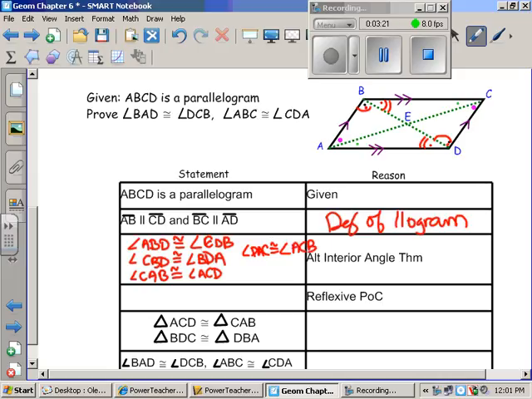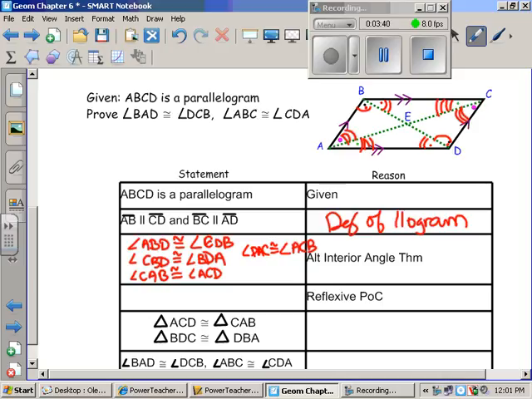Because all of those are alternate interior angles. So we got this one's congruent to this one, and this one's congruent to that one. Alternate interiors. Okay?